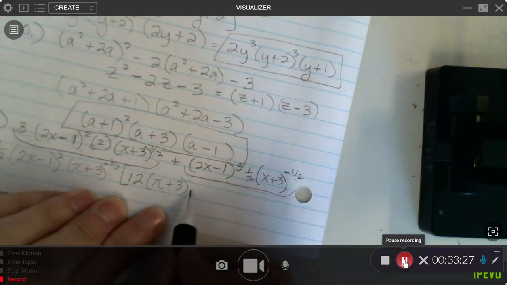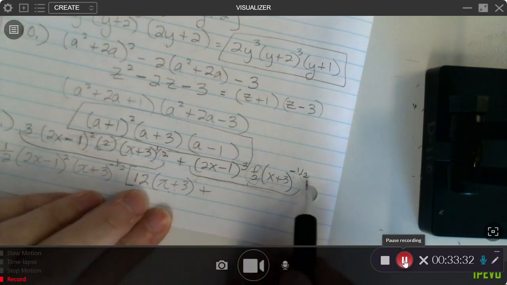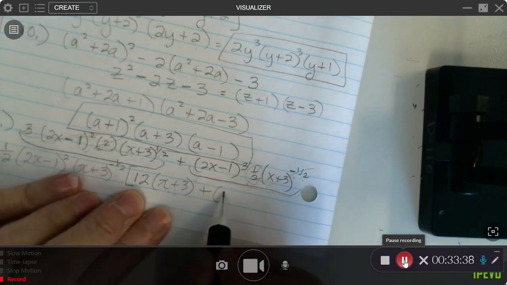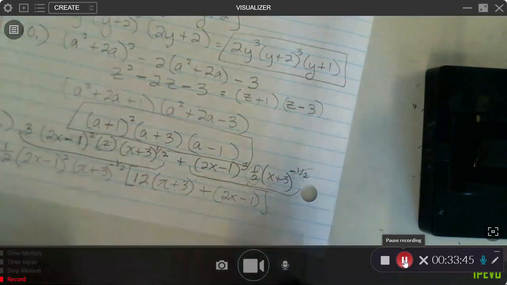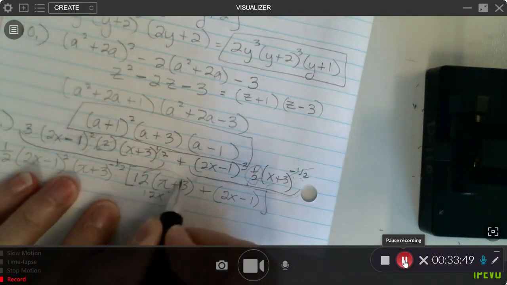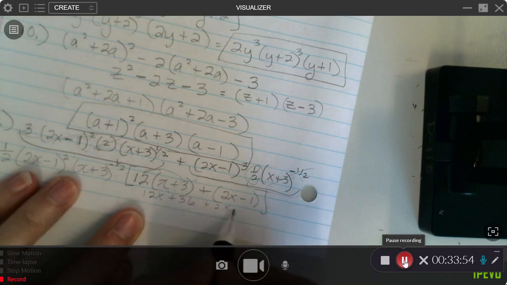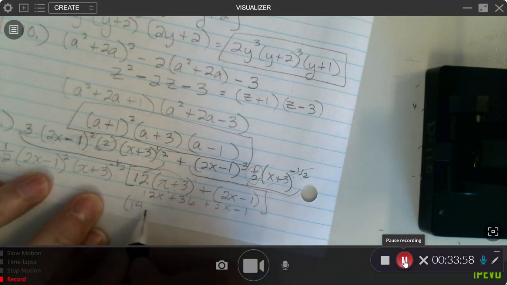So now we have a plus, and we factored out the 1/2, right? And we factored out the x plus 3 to the negative 1/2. So how many 2x minus 1s do we have? One of those, because now we know the calculus rule was only 1, right? Do some little distributing. 12 times 3, 36. So our final book answer would be 14x, 36 minus 1 is 35.